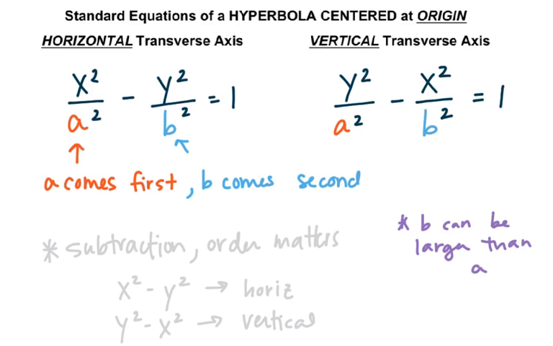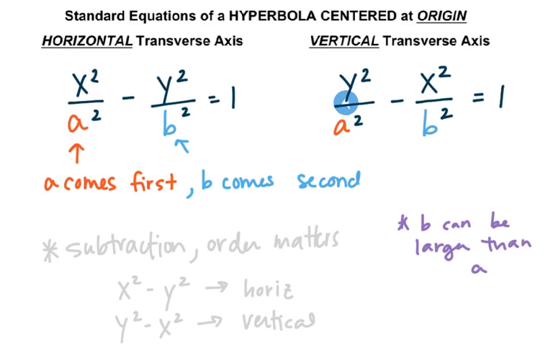So again, the order of A and B matters. So I have x squared minus y squared. X squared minus y squared indicates horizontal. Y squared minus x squared indicates vertical. The A value is whatever comes first, which represents our transverse axis, horizontal, or in this case, vertical.